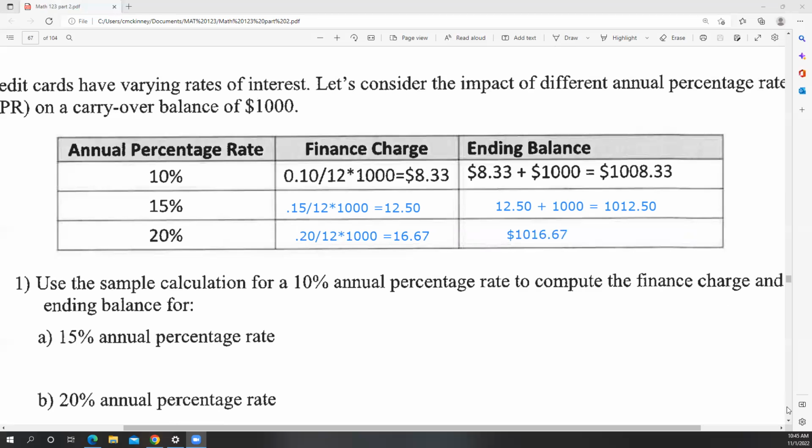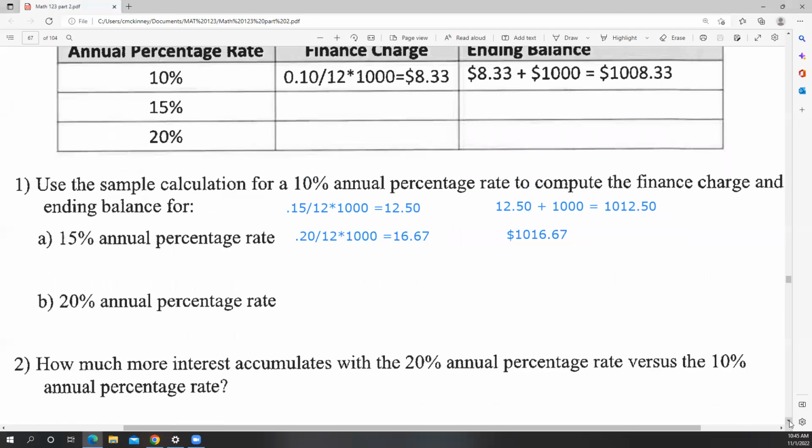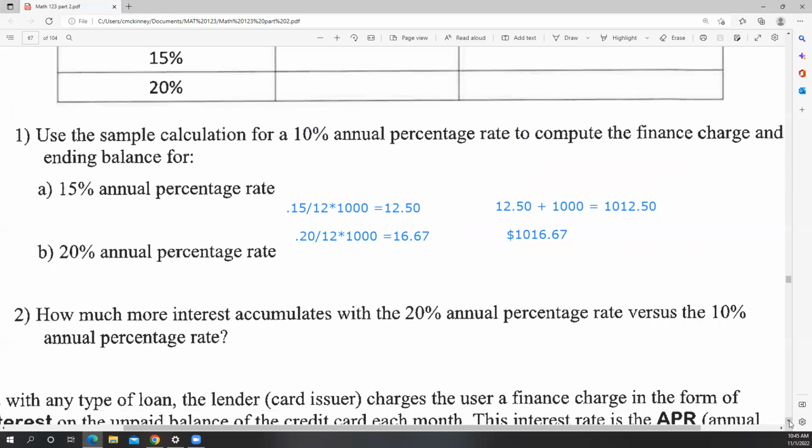And then how much more interest do we have with the 20% versus the 10%? Just a straightforward subtraction. So just the $8.34 looks like. In this case, we can simply answer that with the subtraction.